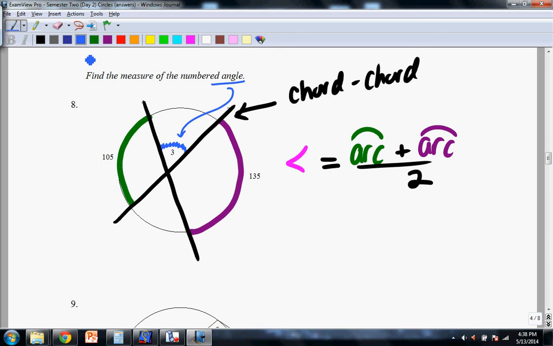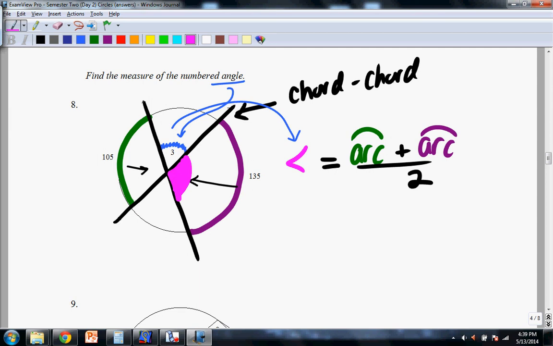This blue angle is not this. It's not. Look very closely where your given information is. The involved arcs are here and here. That means that pink angle there that we could find is this one right there.